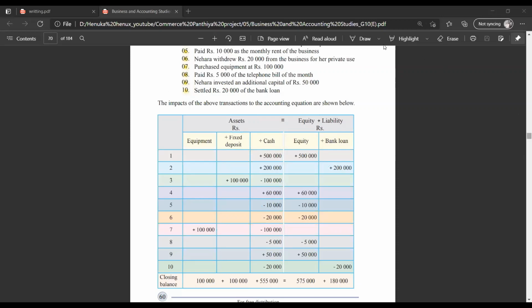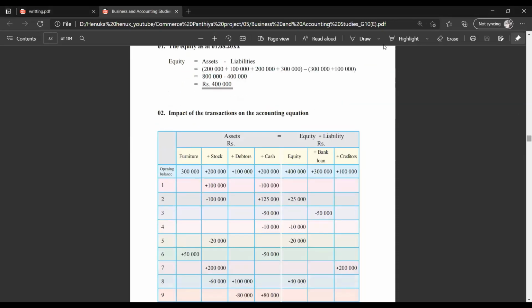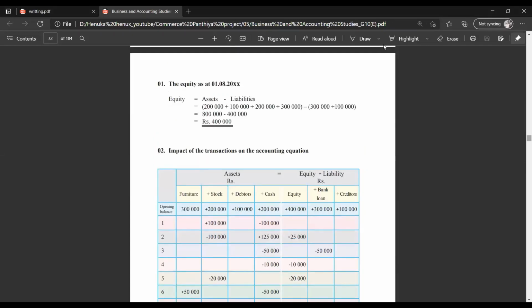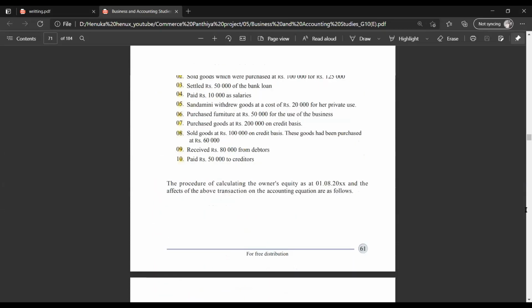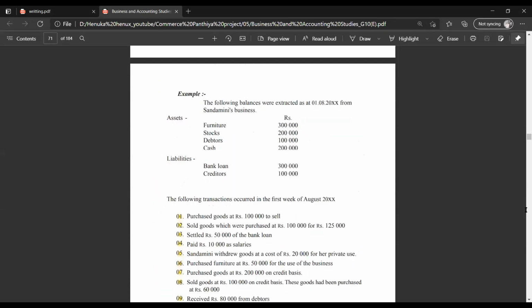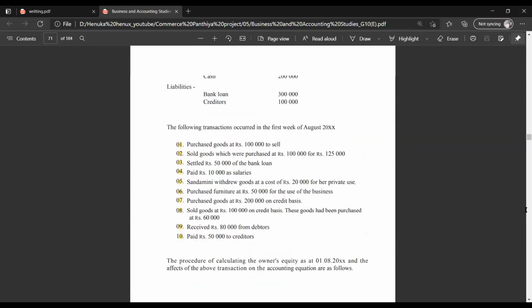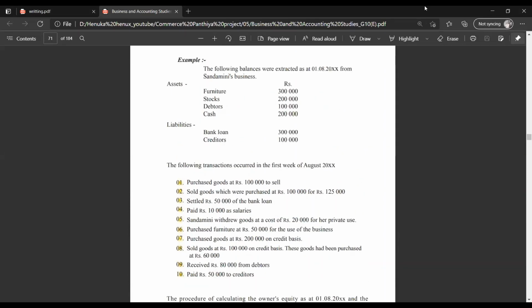Then let's move to this. So example number 2, page number 61, right? Take page number 61 of your textbook. Yes, I'll do it. Wait.